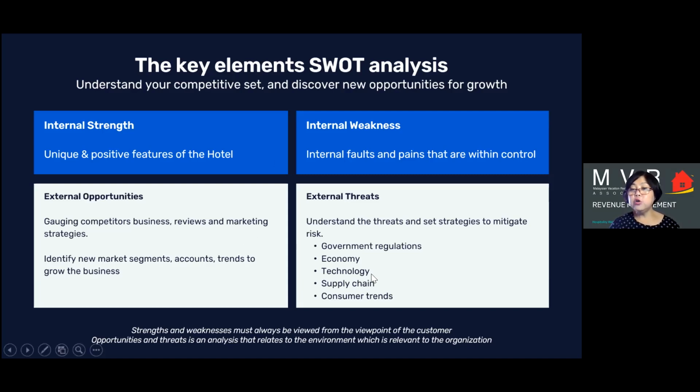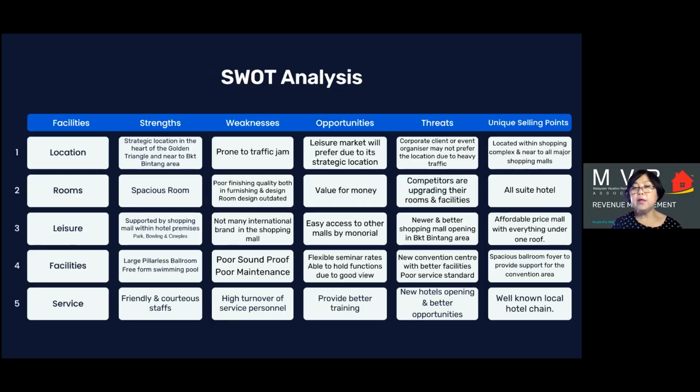And technology use: people are cashless, virtual, contactless. So I think the next move that is so important in this industry is to go contactless. And supply chain, it may affect your supplier's ability to supply goods and services to you, and study the consumer trend. So this is just an example of a SWOT analysis. You can lay it out and really look at it and study it.